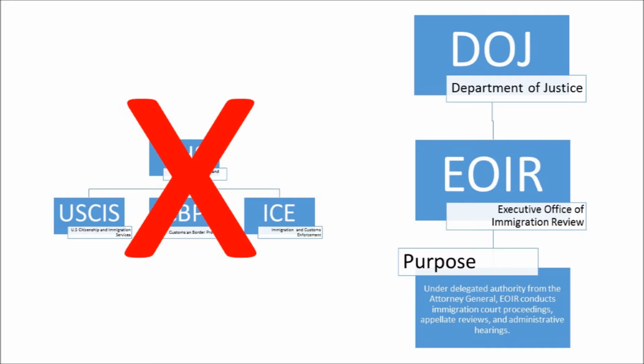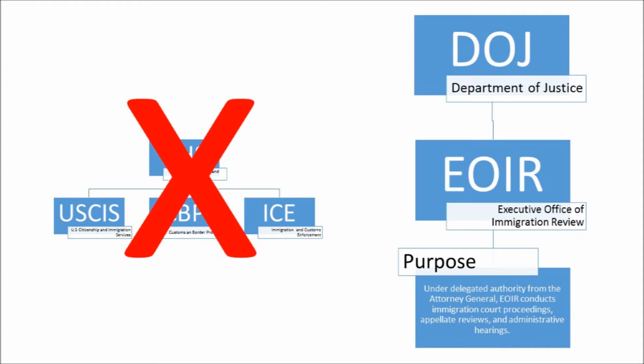So the solution is we're actually going to move away from the Department of Homeland Security, because that is the issue that we're having, is that they're not cooperating, their departments aren't working together. So it's essentially just a halt if you go through the Department of Homeland Security with these issues.